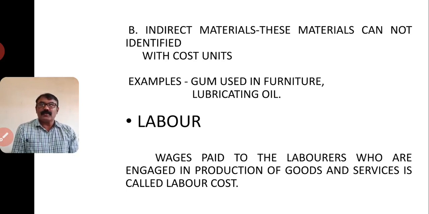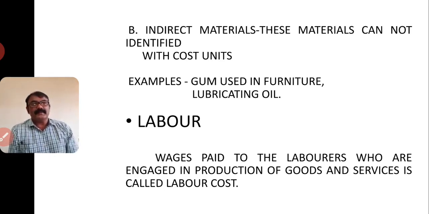These things cannot be identified, as they are part and parcel of the shoe or the particular item made. Those items are called indirect materials. But without the indirect materials, the particular thing will not be done.